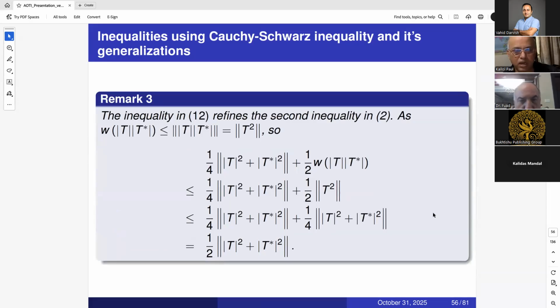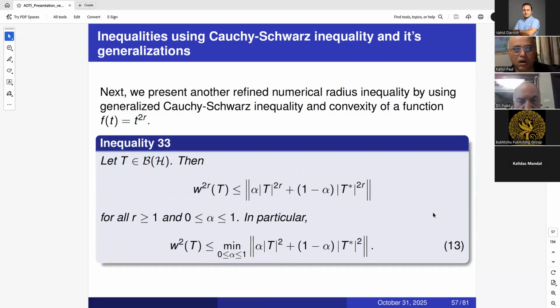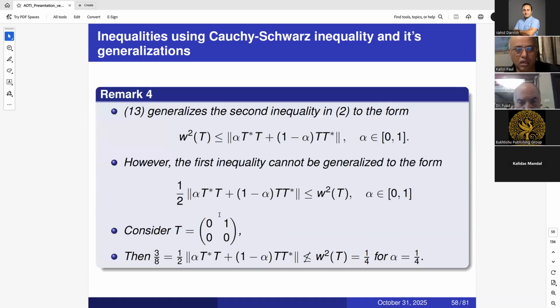But you can know how to use this and get these results. Another result uses this generalized Cauchy-Schwarz inequality and convexity of functions. So these results show some improvement of the earlier known results.